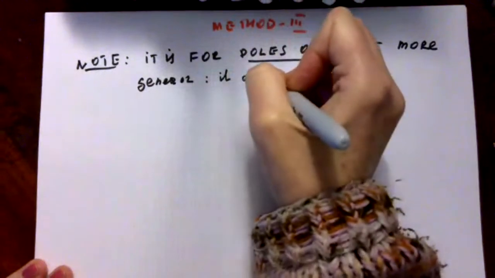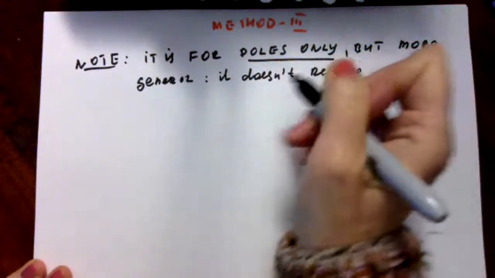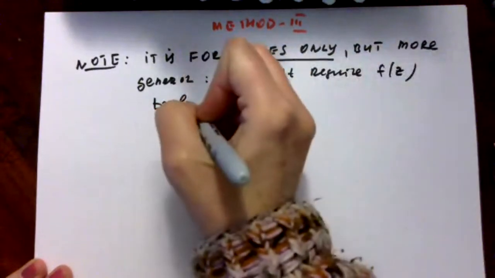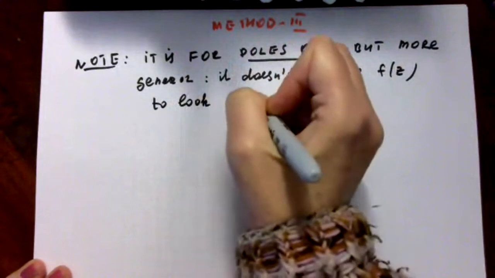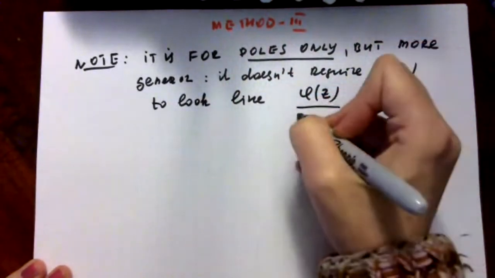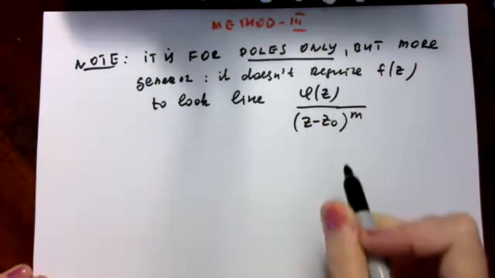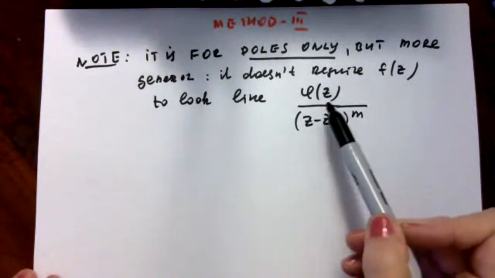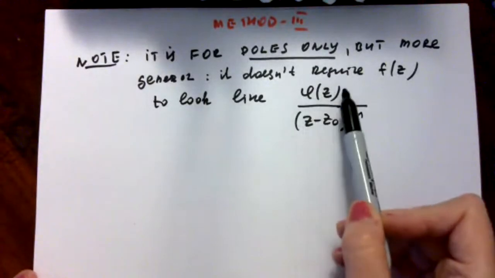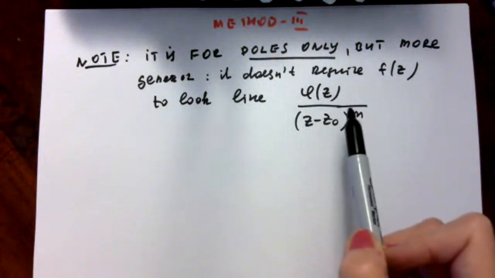It doesn't require our function f of z to look like this beautiful form, some phi of z divided by (z minus z0) to the power of m. There was another requirement in this beautiful theorem, namely that the numerator shouldn't be equal to 0 at the point z0, but we are not going to talk about it.